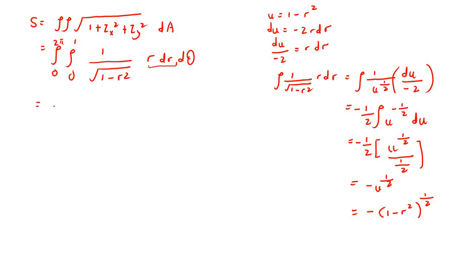Okay. So the inner integral result, I factor out the negative, so 0 to 2 pi, 1 minus r squared to the power half, with the limit of r from 0 to 1, d theta.